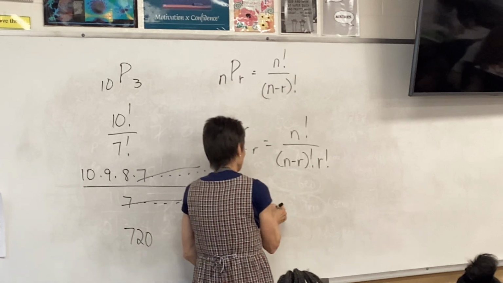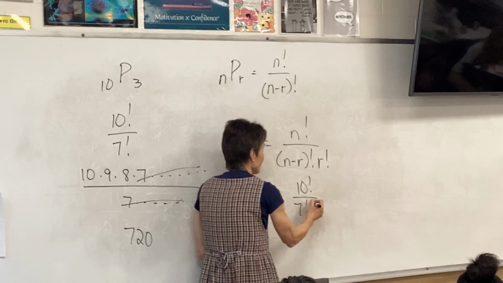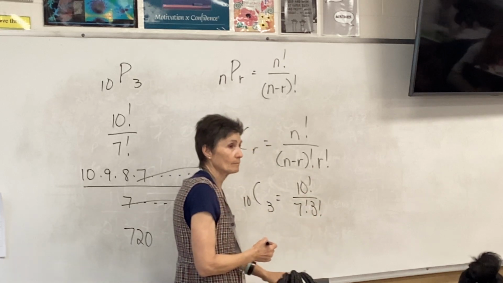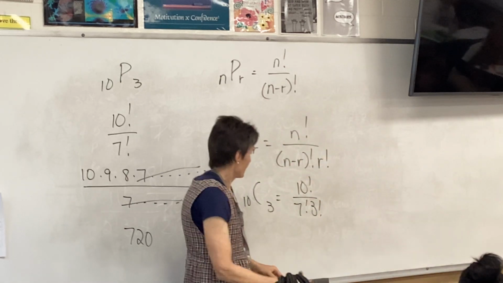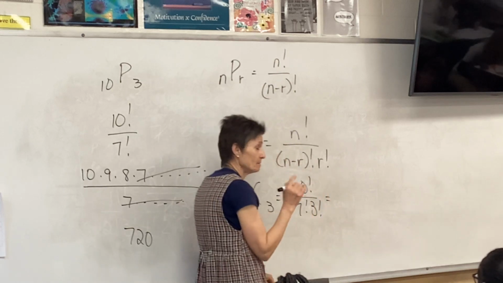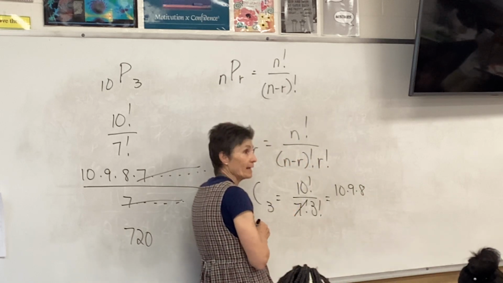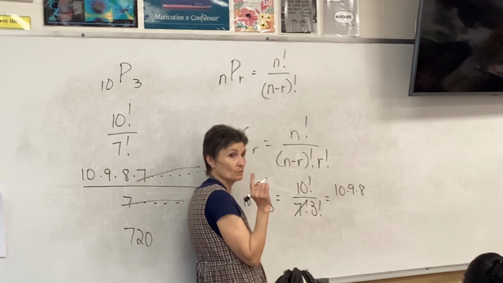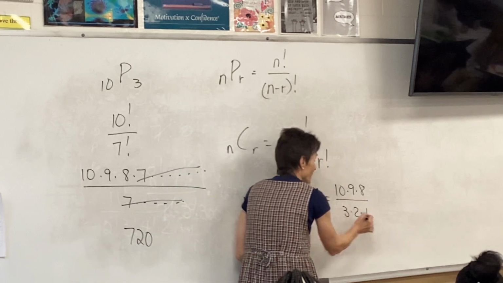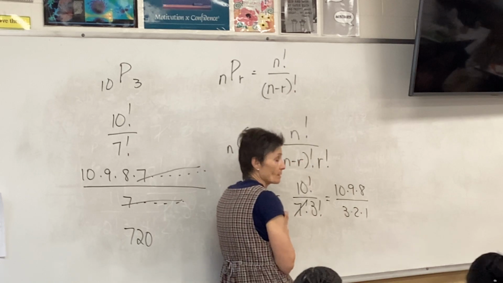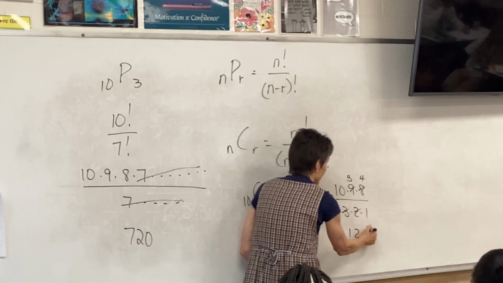So 10C3 would be 10 factorial over 7 factorial, 3 factorial. So that means, by hand, 10, 9, 8, and then everything else is gonna cancel with that. With me? But I still have this now on the bottom, so I still have a 3, 2, 1 on the bottom. So 3 goes into 9, 2 goes into there. It looks like the answer is 120.